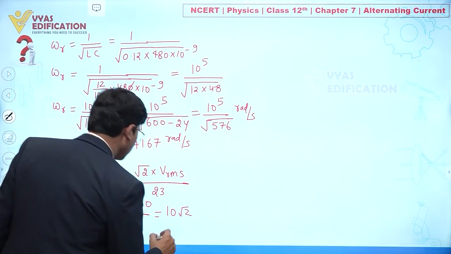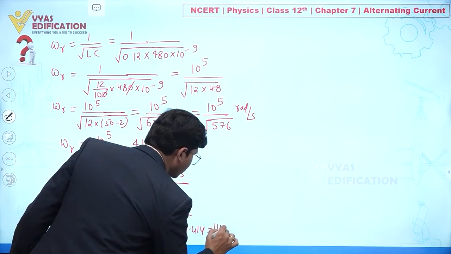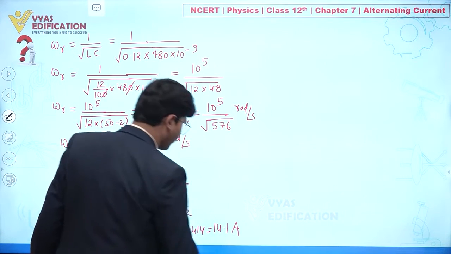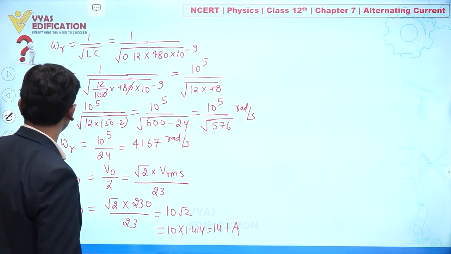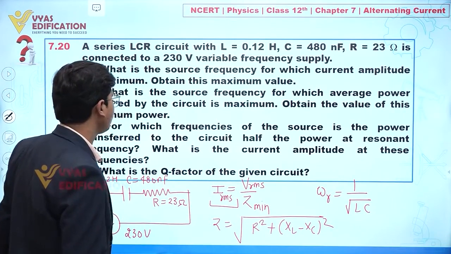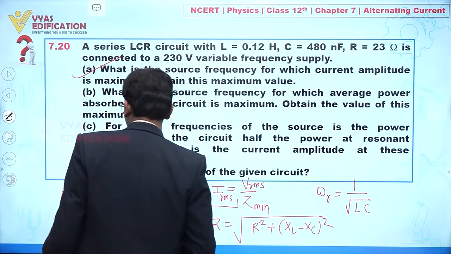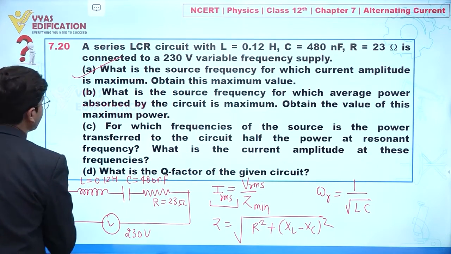This value is 10 into 1.414, which is equal to 14.1 ampere. This is the maximum value or peak value of current. So this is all about part number A.